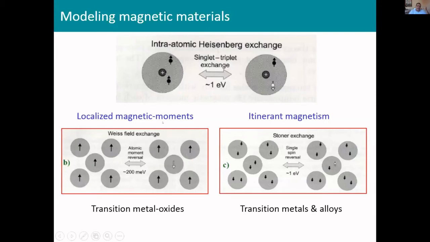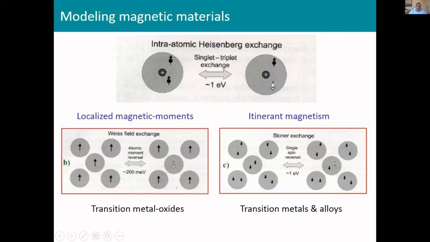One of them is the localized magnetic moments, where each atom in the system has a magnetic moment, and the other one is the itinerant magnetism, where the magnetic moment is localized in the atom, but also in the conduction electrons. The spin is polarized in the conduction electrons.